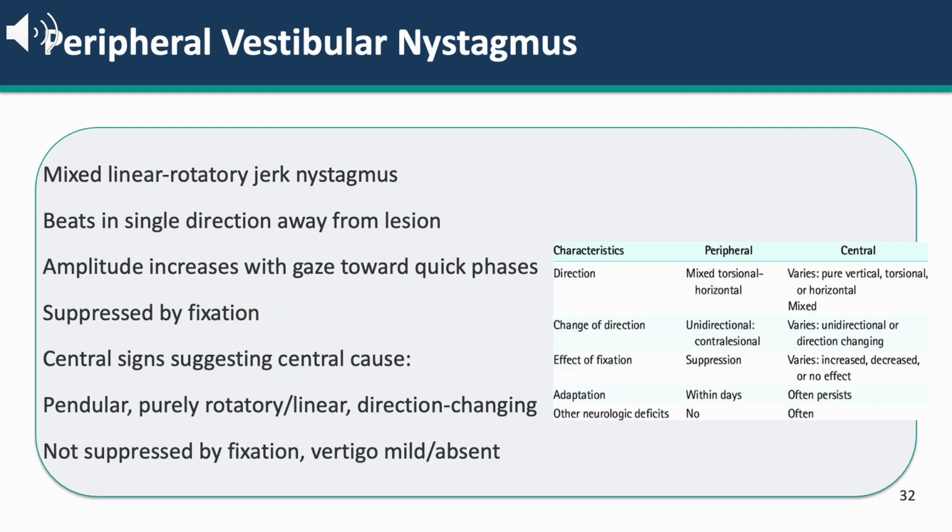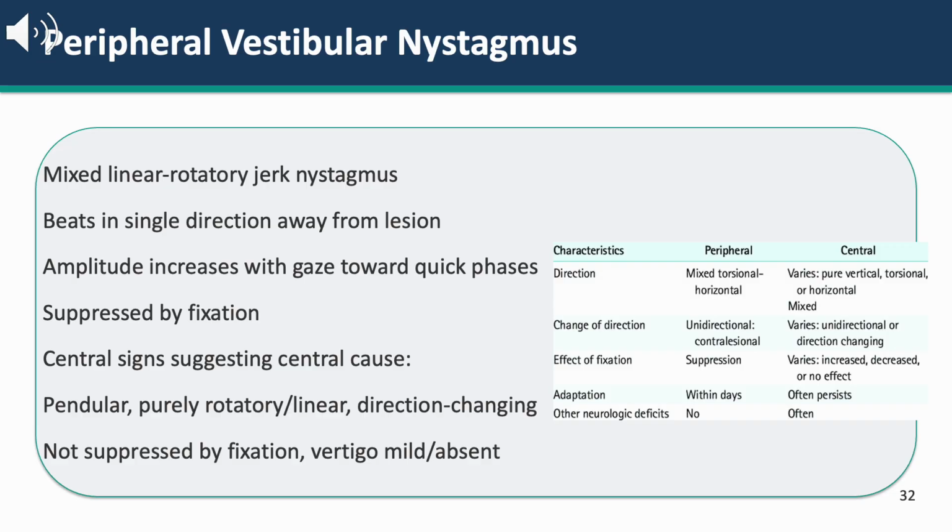Peripheral vestibular nystagmus is a mixed linear rotatory jerk nystagmus that beats in a single direction away from a hypofunctioning labyrinth. With semicircular duct stimulation or dysfunction, eye movements occur in the plane of an affected semicircular duct. Nystagmus amplitude and frequency increase with gaze in the direction of the quick phases due to summation of tonic driving forces and elastic restoring forces.